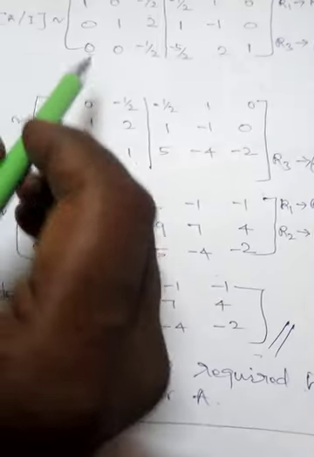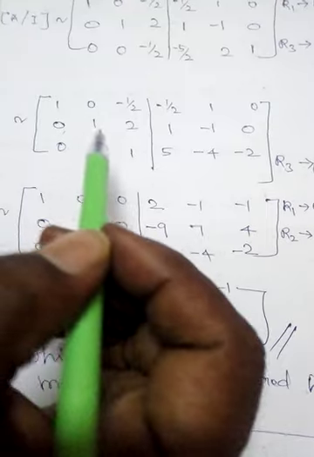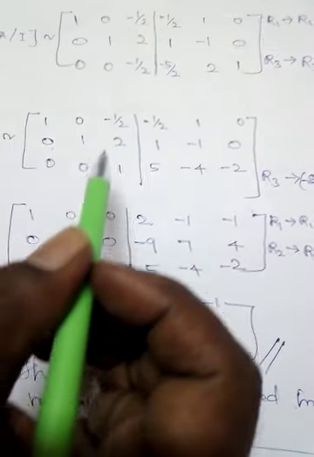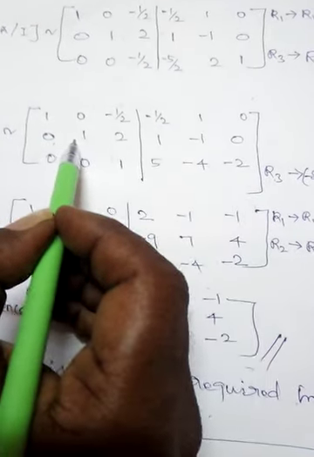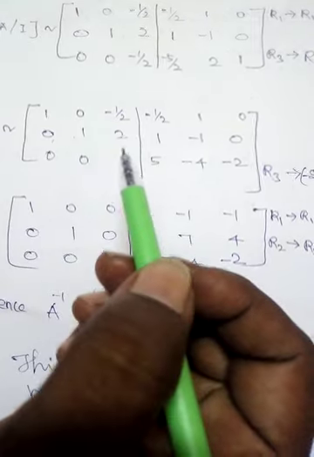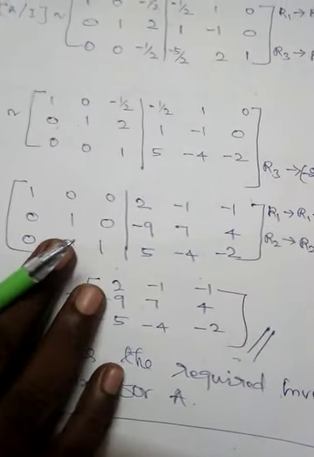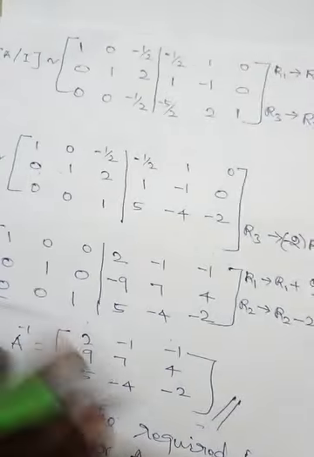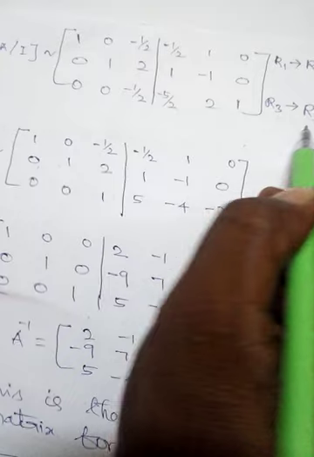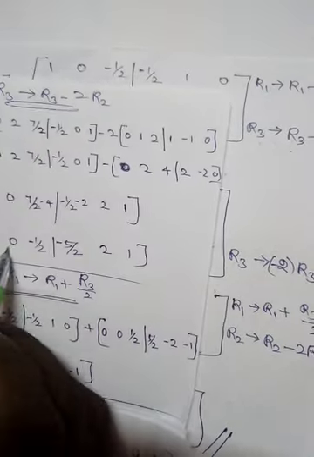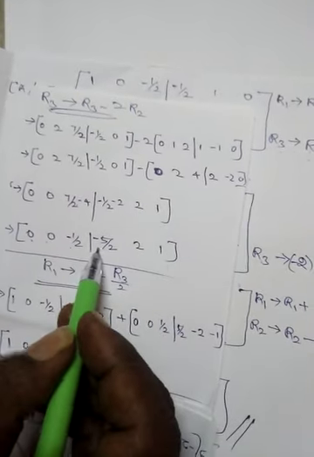So I am going to substitute here. Oh sorry, this is 0 0 minus 1 by 2 minus 5 by 2 2 1.